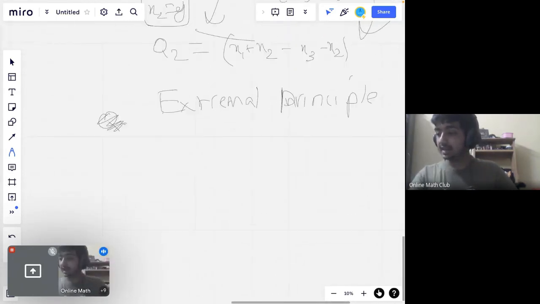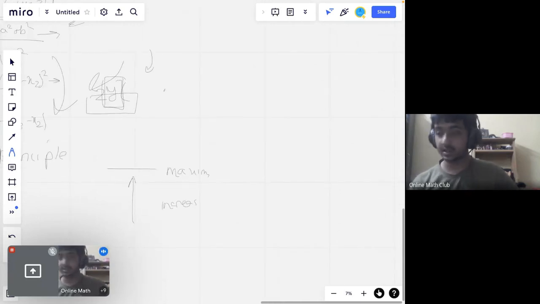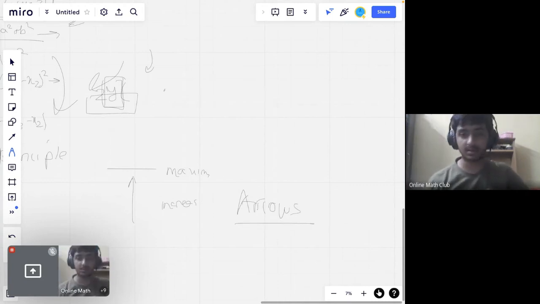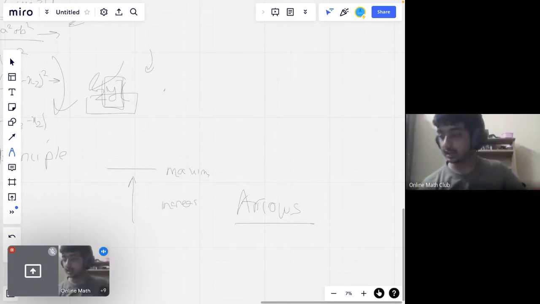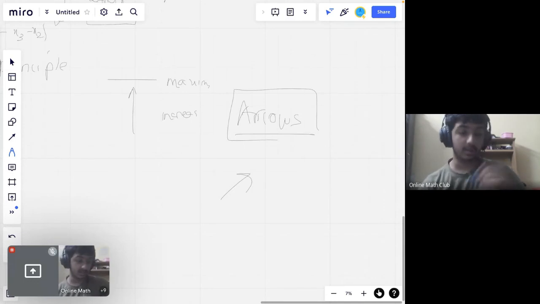And another idea that I just thought I'd mention, not 100% related to the extremal principle idea, is that you guys might have heard of the arrows lemma, or the arrows theorem. Yes, Ron also took a class on this. Right. So this is another useful idea when it comes to processes. I don't think I'll be doing any questions that specifically involve this.